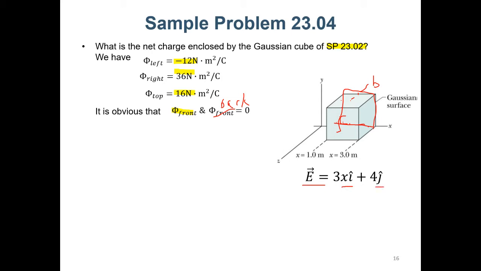So front and back, for the front, dA should point to the positive Z direction. For back, it should point to the negative Z direction. So you don't really need to calculate. It's obvious these two are also 0.